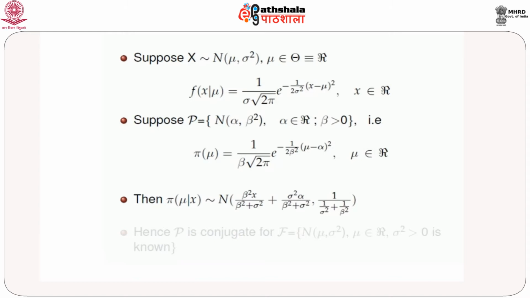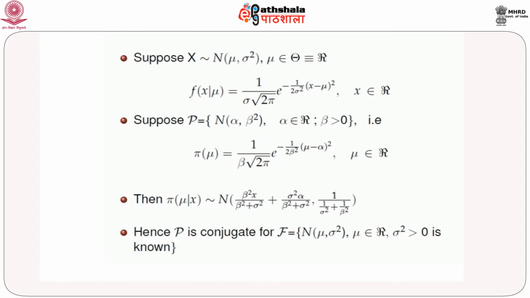Note that here the mean of the normal distribution is basically a weighted average, and the weights are actually the inverse of the corresponding variances. That is the variance of the random variable x and the variance of the prior distribution.